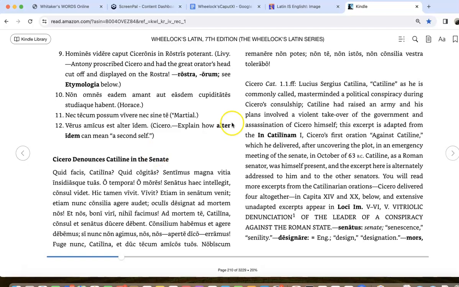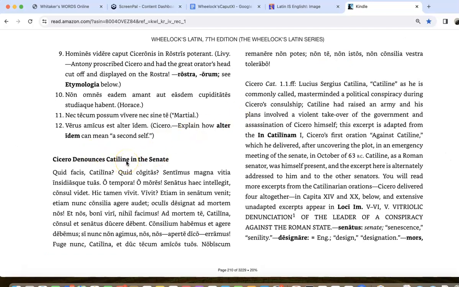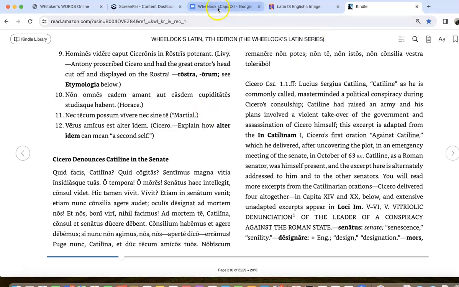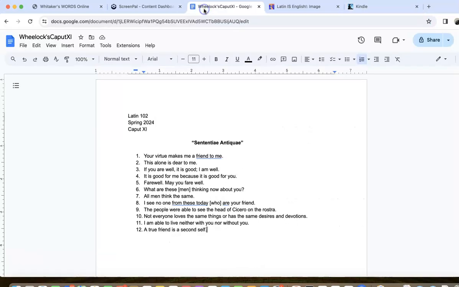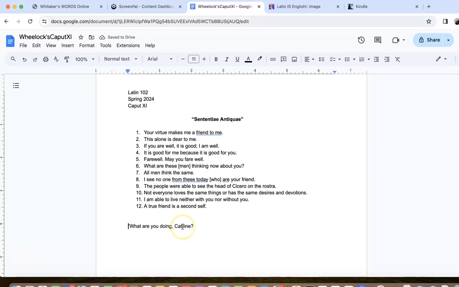So what are you doing, Catiline? And we'll put his name back in the nominative form, so to speak. So what are you doing, Catiline?